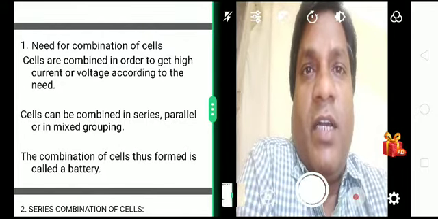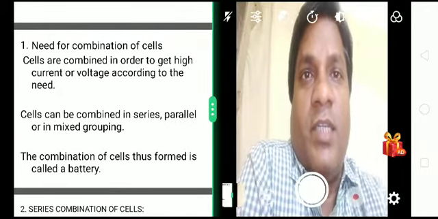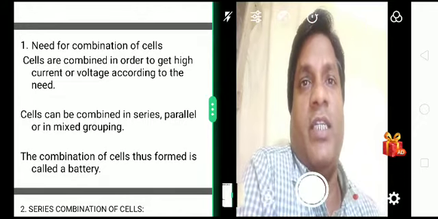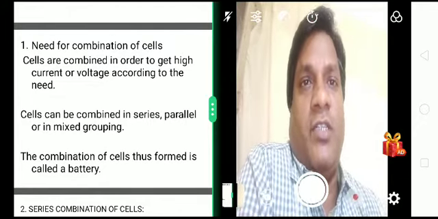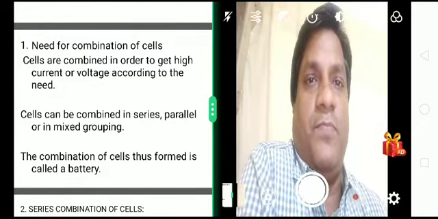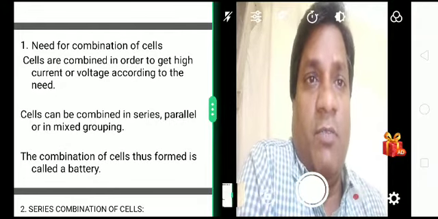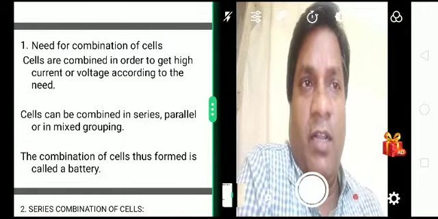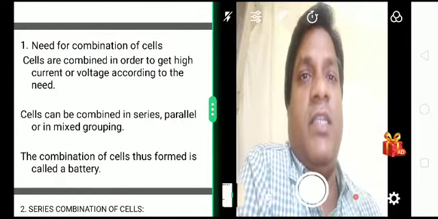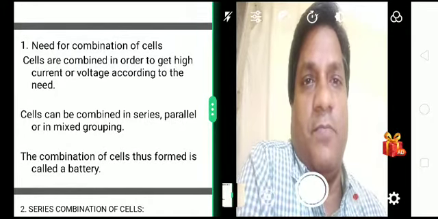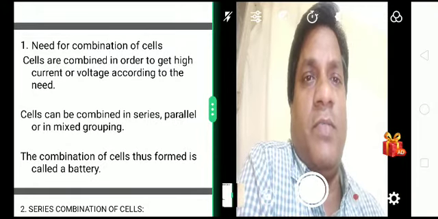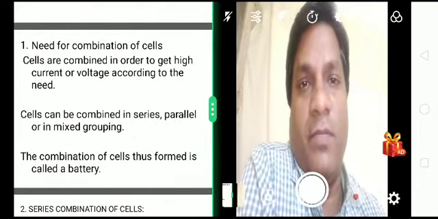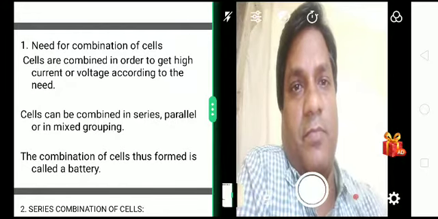So depending on our need, the cells can be combined to get either large current or large voltage. Now cells can be combined in series, they can be combined in parallel, or a combination of series and parallel grouping. The combination of cells thus so formed is called a battery.